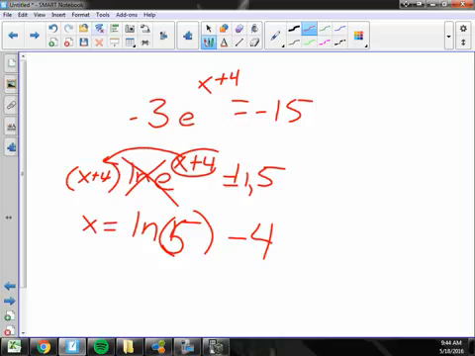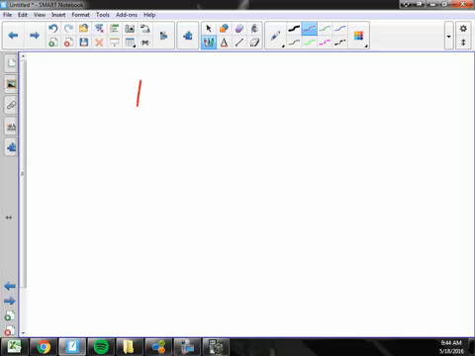13. The ln of 2 over x plus the ln of x minus the ln of 2. Well, you can't factor out natural logs because it's not multiplied. We have to use the product and quotient rules.